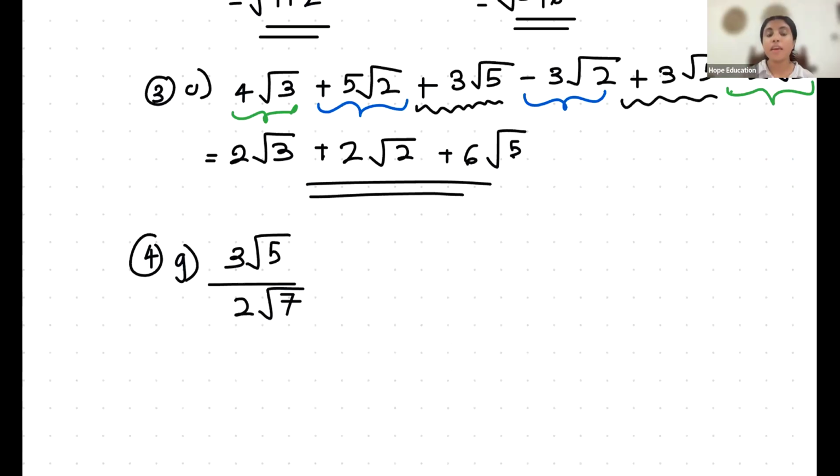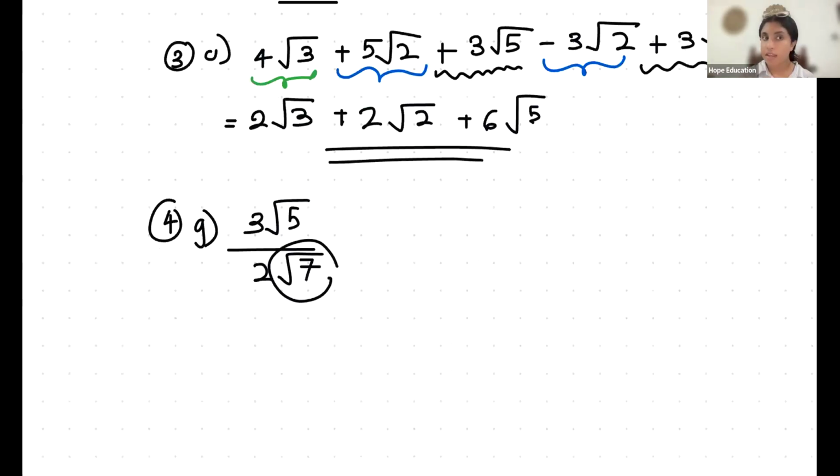Okay, if the denominator has a square root, that is irrational. So we have to try and make it rational. That is what we call rationalizing the denominator. How do we do that? We multiply it by itself. If I do something to the denominator, I have to do the same thing to the numerator.